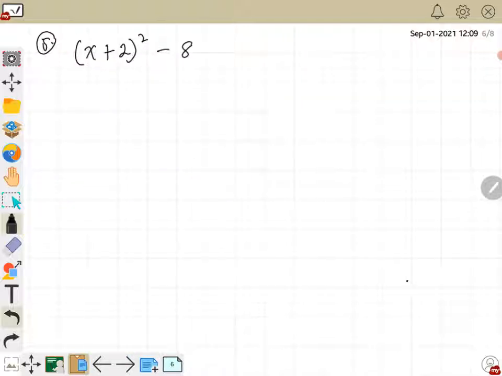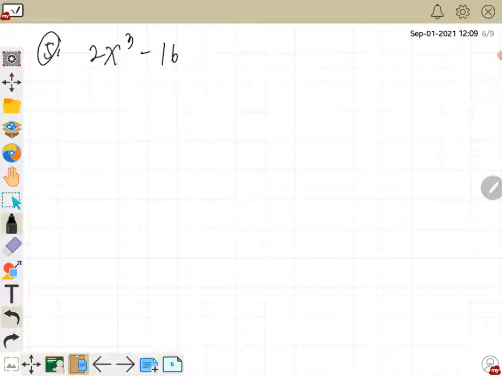Number 5. So as you can see here, 2x cubed minus 16. On first glance, it seems that this is not a difference of two cubes, because 2 is not a cube, 16 is not a cube.